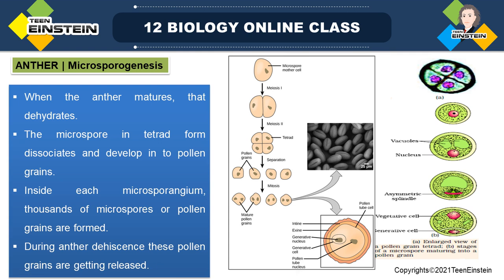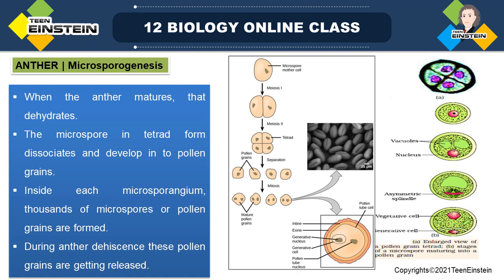So when an anther matures, it dehydrates, and the microspore tetrads that were formed dissociate and develop into pollen grains, which are released during anther dehiscence.